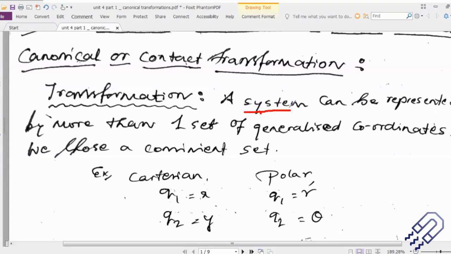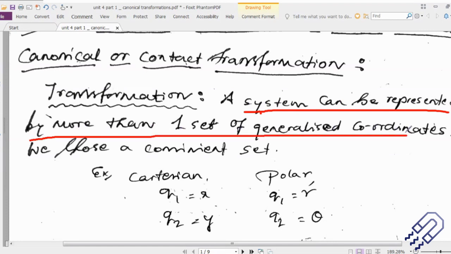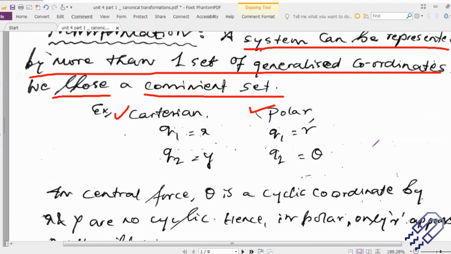Any system can be represented by more than one set of generalized coordinates. What do I mean by that? You can consider a Cartesian system, you can consider a polar system, and you can always shift from one system to another. We choose a convenient set. So that is the beginning of transformation.